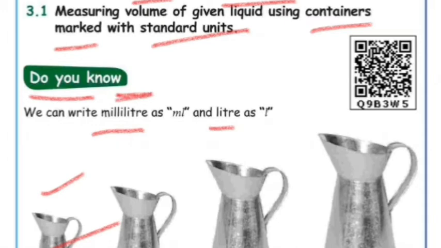If something is in milliliter quantity, which means little quantity, we measure little quantity in milliliters, and we measure large quantity in liters. So we write milliliters as ml, and liters as L.